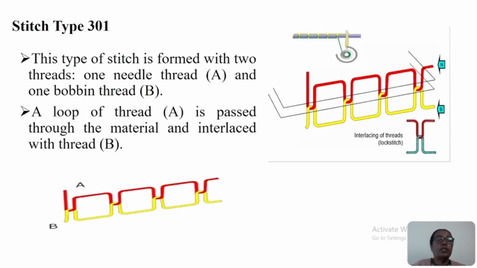Stitch type 301. This 301 is under the group of 300.